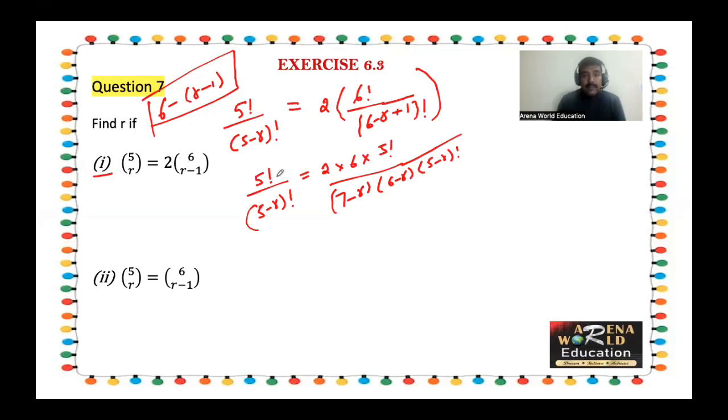So if we cancel these common terms, what are we left with? On left hand side, we are having only 1. So 1 is equal to, yes, 2 sixes are 12, right? Divided by 7 sixes are 42 minus 6r, right?